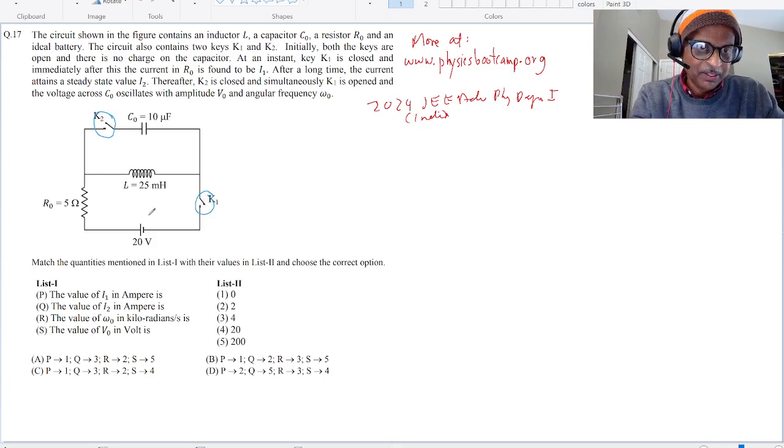It's connected to the circuit, but to an open key, so no current will flow. It says that initially both keys are open and there's no charge, and initially Q at time 0 is 0.